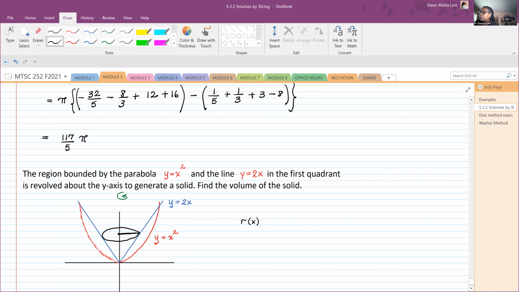So my radius is supposed to be a function of y for this problem because we're going in the y direction. So solve for x, what do you get? y over 2. That's it. Okay, so that's my small radius. Because it has to be a function of y, we're in the y direction.